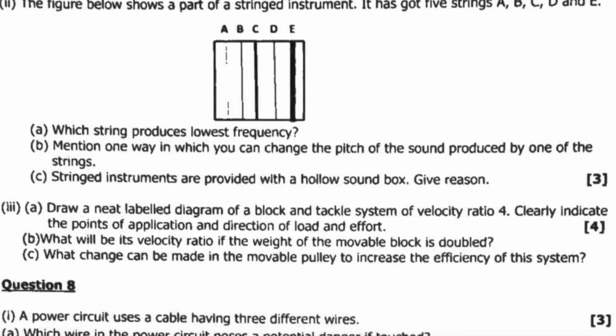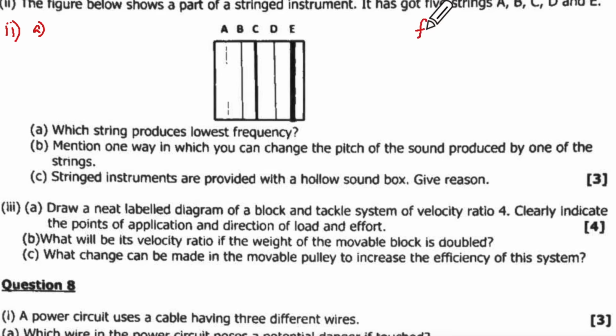There's a stringed instrument. 5 strings are there, A, B, C, D, E. Which string produces lowest frequency? Okay, now here thickness is different, right? Thickness means area of cross section, correct?